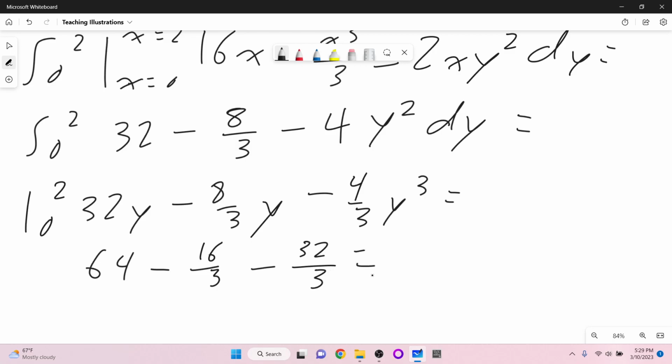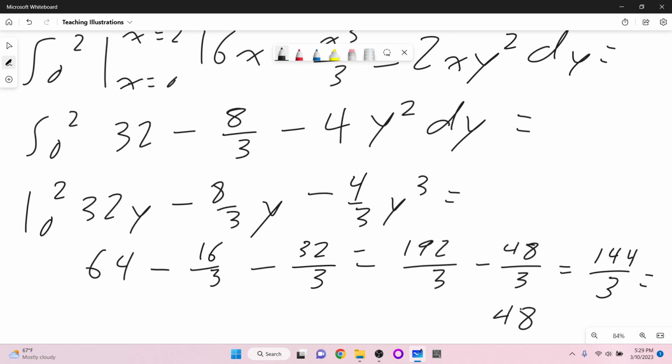And then, what do we got here? 64 times 3 is 192. So 192 over 3 minus 48 over 3, which becomes 144 over 3, or 48. That's the answer.